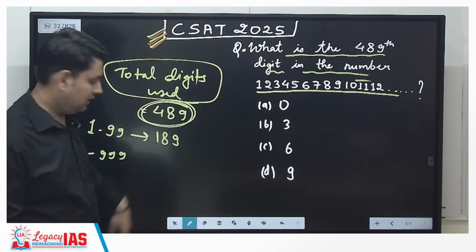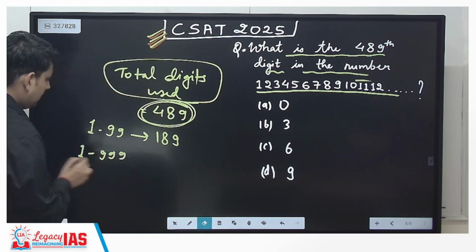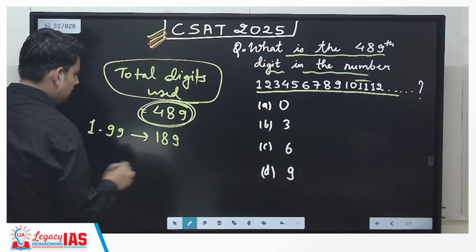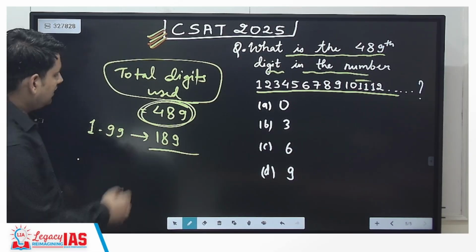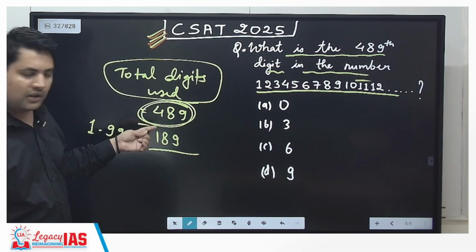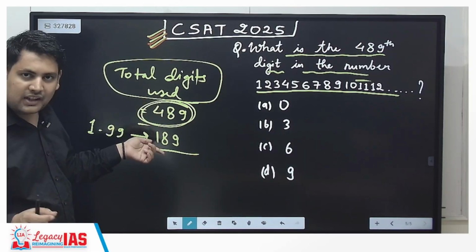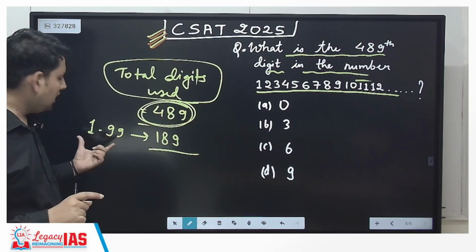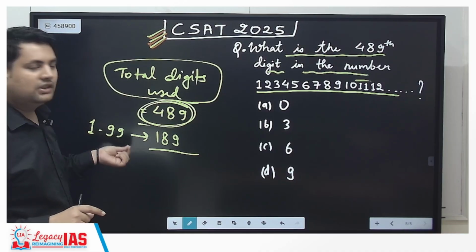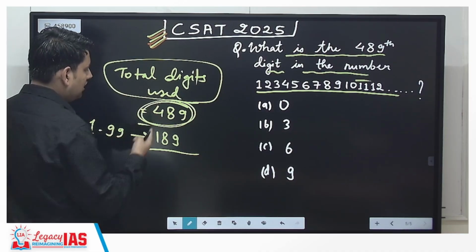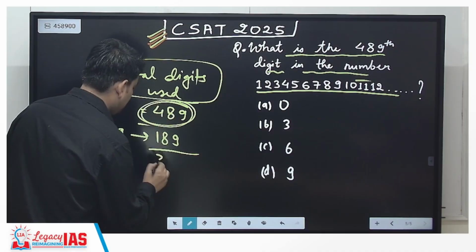It is somewhere in between. So what we do, we simply subtract it. 489 is the total number of digits. We subtract the number of digits that are used in making pages from 1 to 99. So 489 minus 189, you get 300.